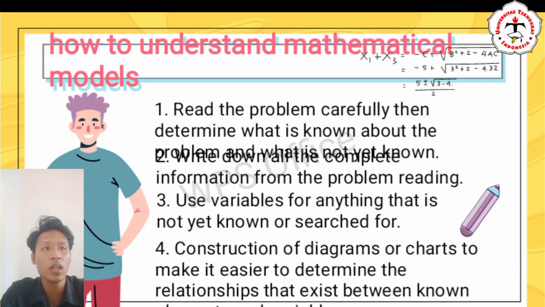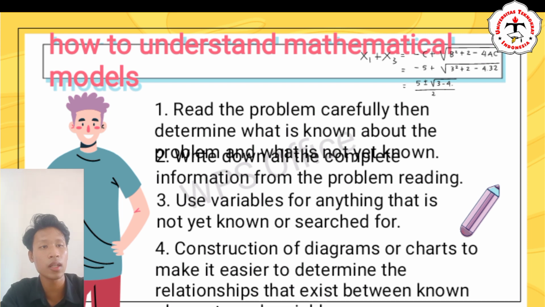How to understand a mathematical model? First, read the problem carefully, then determine what is known about the problem and what is not yet known. Second, write down all the complete information from the problem reading.